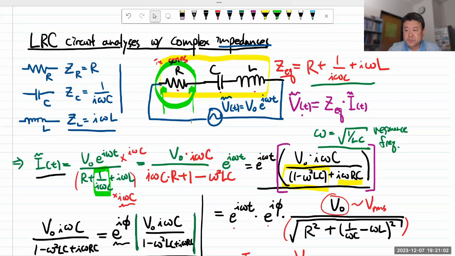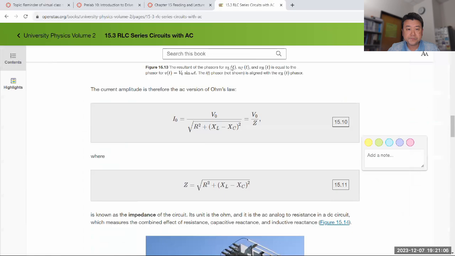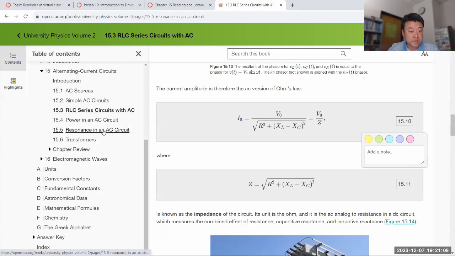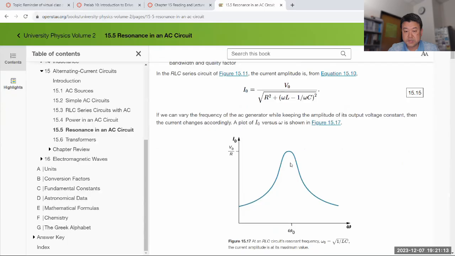Your textbook has a picture of it. If you look at the textbook, resonance in an AC circuit, they have this picture of it. So this is the resonance, and it has some width. And how broad or how narrow that width is, that's associated with how much damping, how much power dissipation there is.